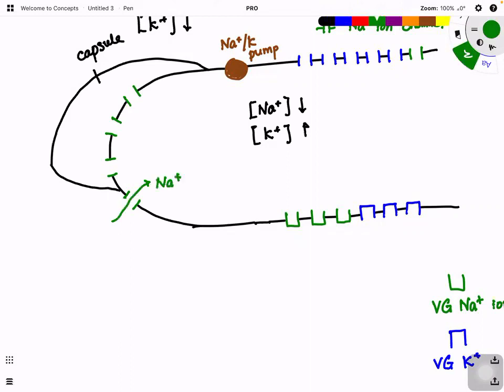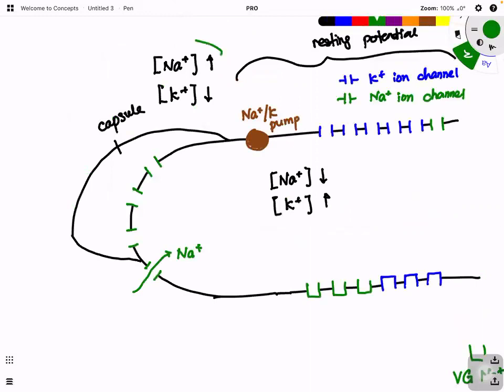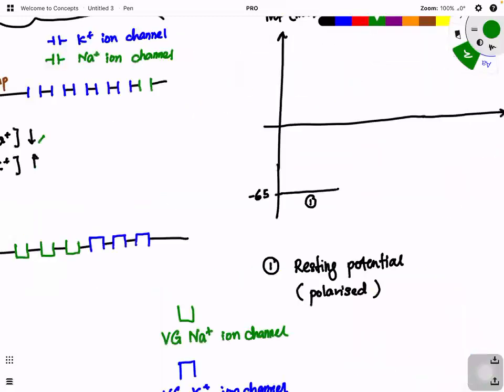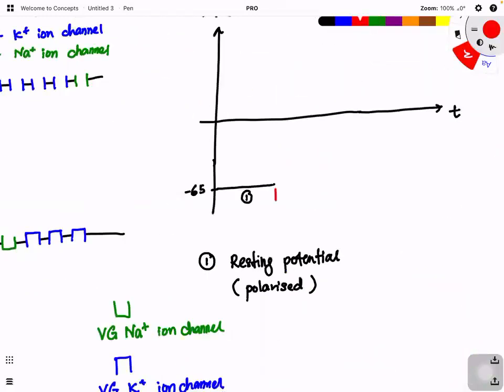Why do they enter the neuron? Because outside the sodium ion concentration is high, inside the sodium ion concentration is low. So sodium ions now enter the neuron, which means inside now has extra positive ions balancing the negatively charged ions. Now you can see the membrane potential increase from negative 65 to negative 64.